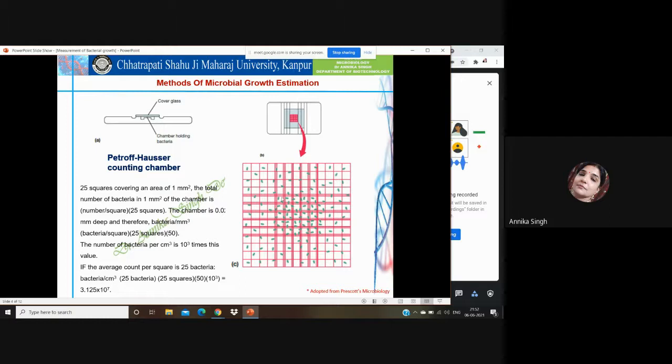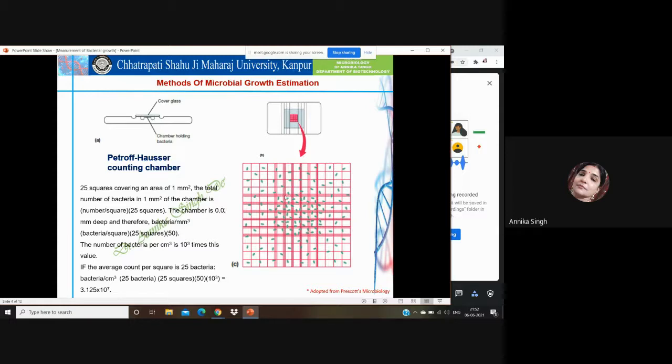Here the chamber actually contains 25 squares. You can see 1, 2, 3, 4, 5, and similarly in 5 lanes. So the total number of squares is 25, and these 25 squares cover an area of 1 mm square. It means the length and width are 1 mm in measurement.